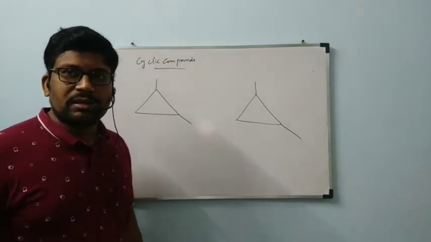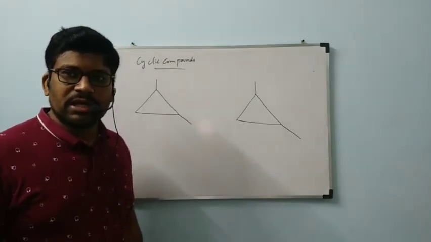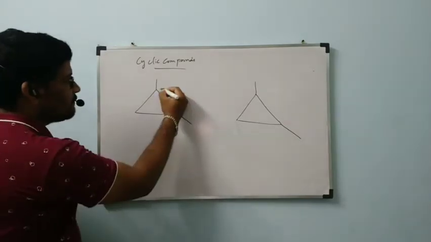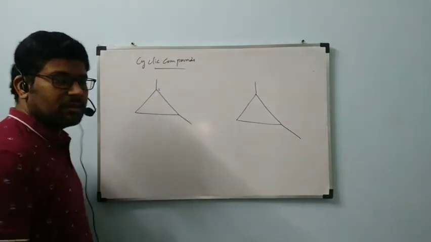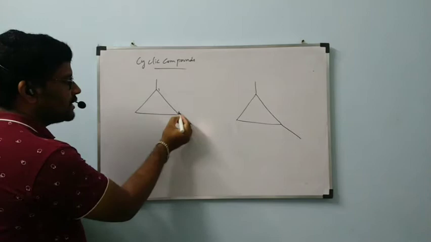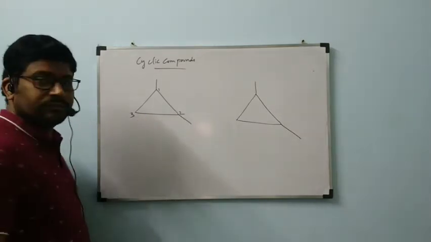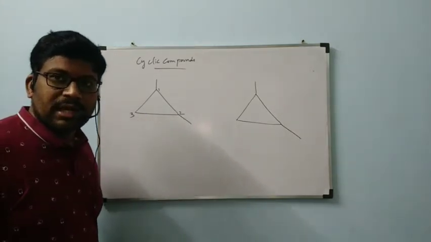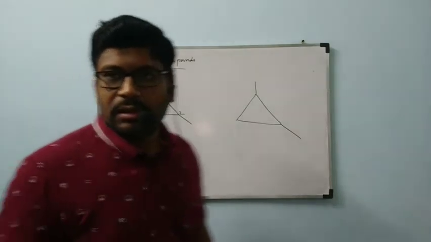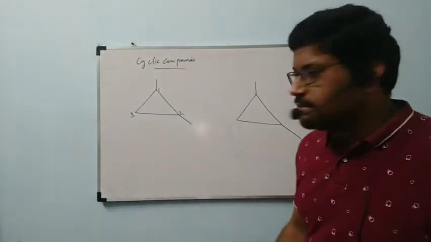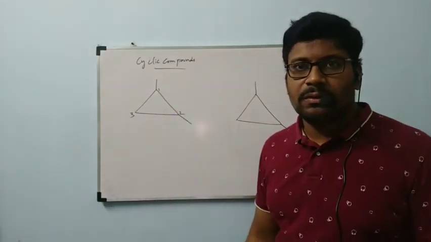It is a closed chain now, so we can start the numbering from anywhere. So from here I am starting numbering 1. In clockwise if I give 2, 3, then the methyl carbons are getting the numbers 1, 2.